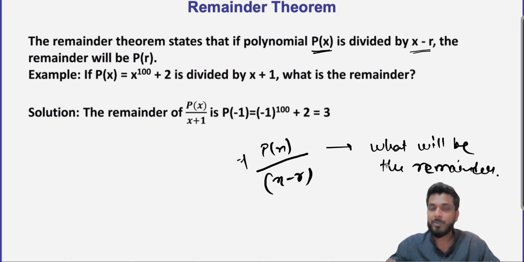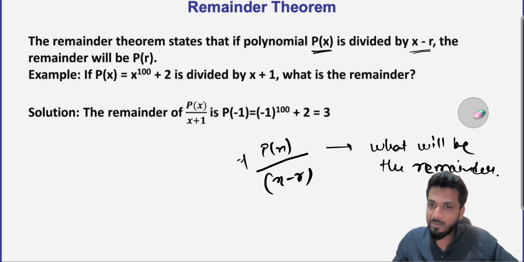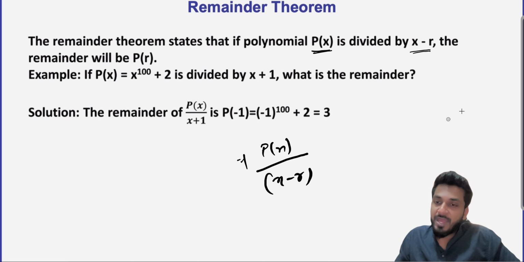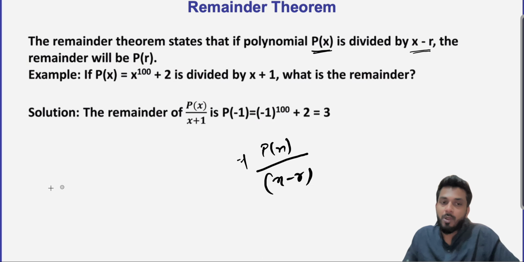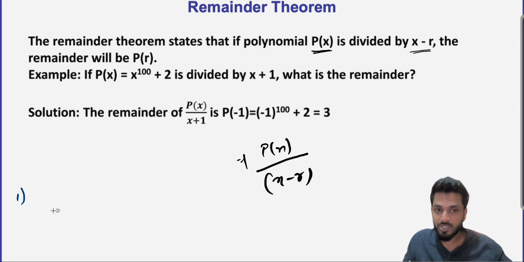So how to use remainder theorem for such questions? First we need to understand what the remainder theorem says. Here we have to find the remainder when a polynomial p of x is divided by x minus r. There are certain steps which you should follow, and if you follow these steps, you can find the remainder for any similar question.